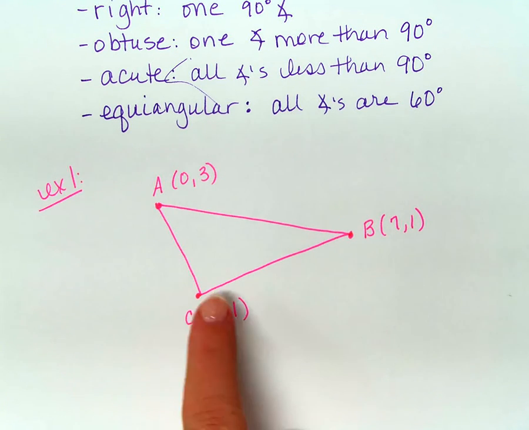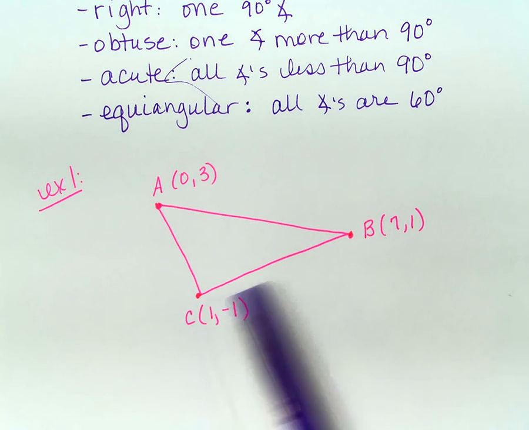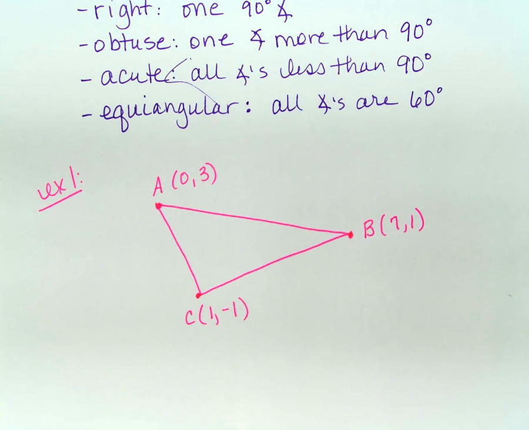So can we assume that this is a 90-degree angle based on my drawing? No. We don't ever assume by drawings, right? Because they could be inaccurate. I obviously didn't plot these points out here right now, I just kind of drew them a little bit.